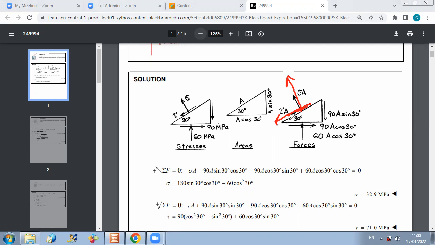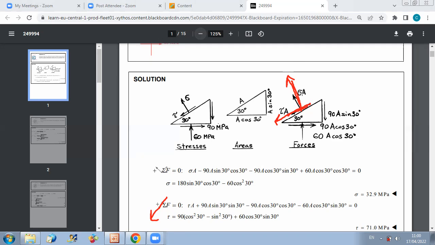Then when you do the projection, you should respect the directions you selected. In this problem, I selected the perpendicular to the face and the downward direction like this, because tau is downward. But you can select, of course, the upward direction and say when you do the projection, it's minus tau times A.